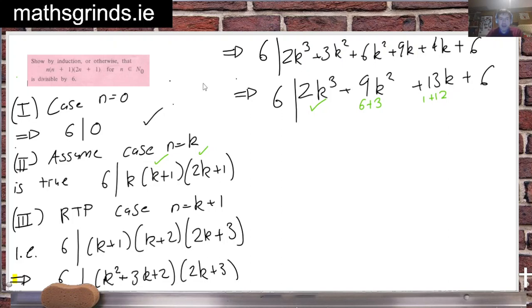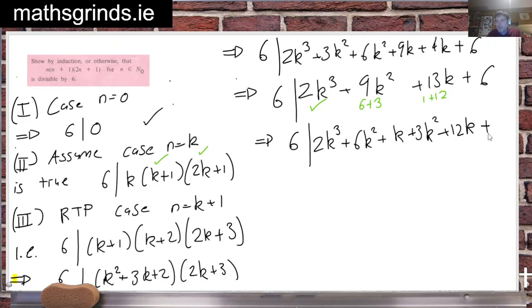So, okay. So what I'll do now is I need to show that 6 divides into 2k cubed plus 6k squared plus k. And then after that, a 3k squared, a 12k, and a 6. So from the first 3 pieces, I'll just take out k, leaving me with 2k squared plus 6k plus 1.